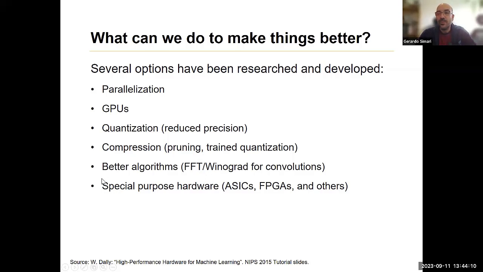And also similar to GPUs, but more special purpose hardware, are the application specific integrated circuits called ASICs, or field programmable gate arrays called FPGAs. These can be very, very useful if you have special purpose things that you want to deploy, right?